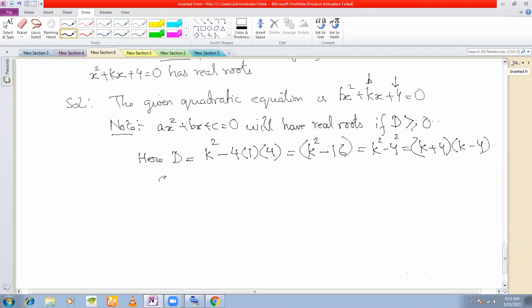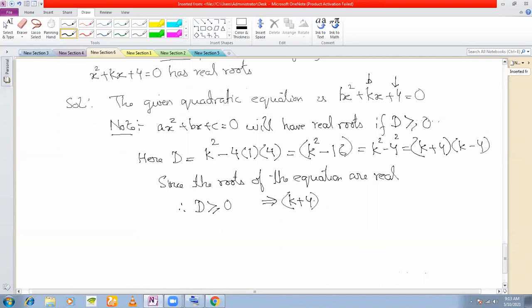Now we say, since the roots of the equation are real, therefore discriminant D must be greater than or equal to 0. That means K plus 4 into K minus 4, which is the value of the discriminant we have found out, must be greater than or equal to 0.